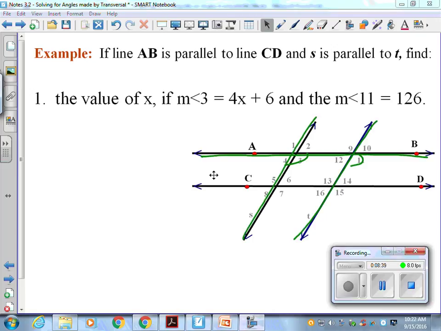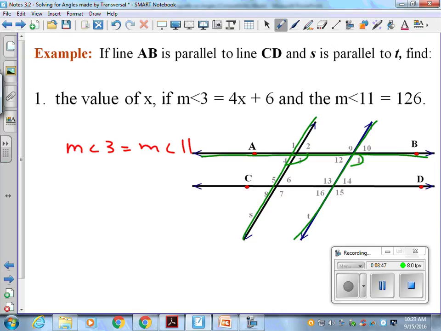All right, when you solve this, make sure that you think about the fact that the measure of angle 3 is equal to the measure of angle 11. Did you think to write that down? Because now you have something you can write down. I couldn't write that on those first few examples, could I? I didn't have that to write.